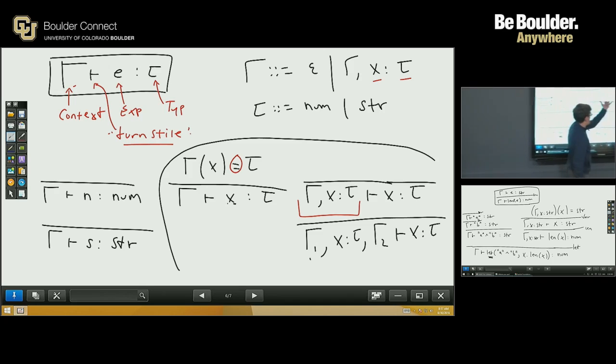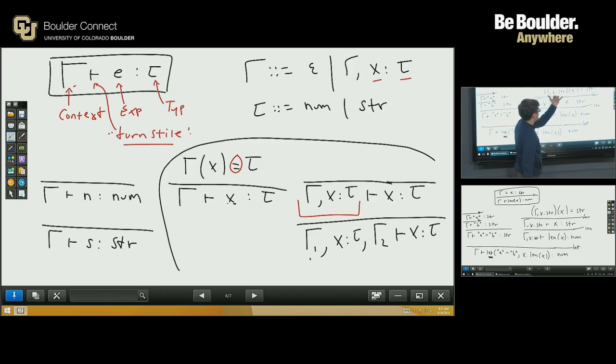If you treat this thing as a map, and I say, what does x map to in this map? Oh, it's right there. X maps to str. So this whole thing is equal to str. Any questions about that? So this is an example typing derivation.